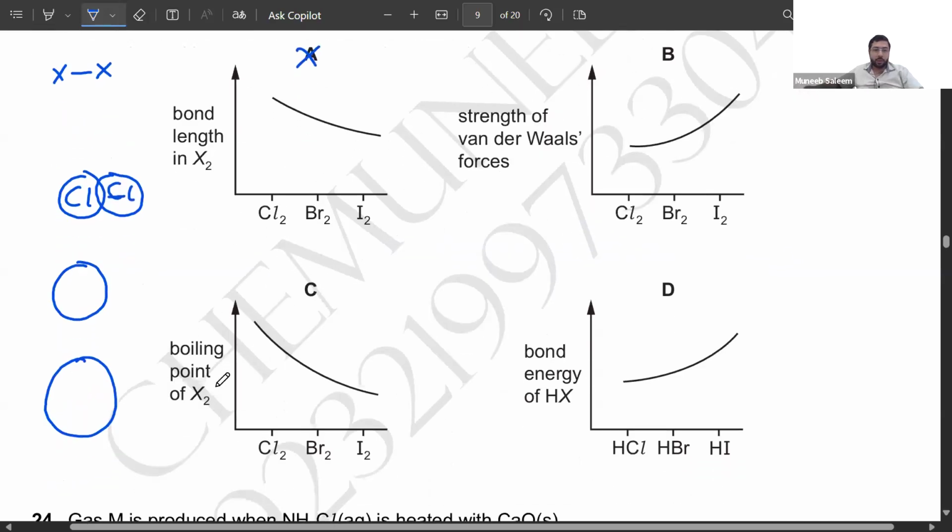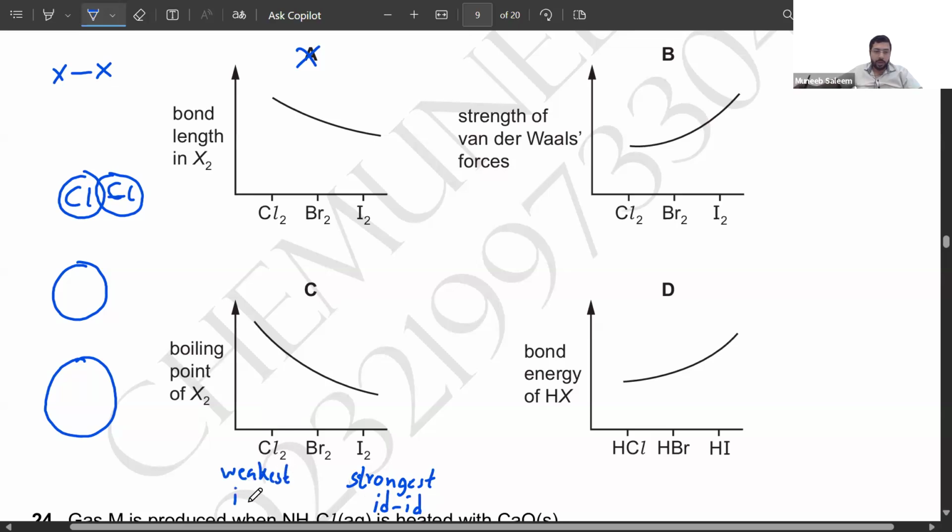C says boiling point of X2 decreases from chlorine to iodine. We know that's also wrong, as the intermolecular forces are stronger in the case of iodine. Iodine has the strongest ID forces, or you can say the instantaneous dipole forces or London forces, whereas chlorine has the weakest within this group of elements.